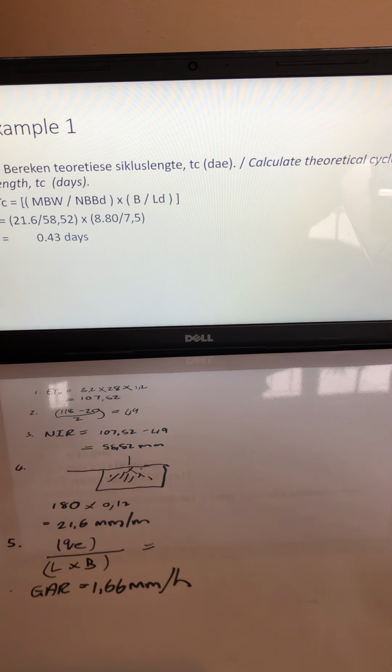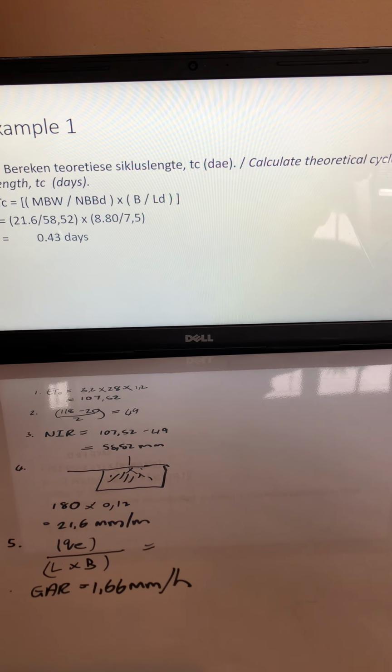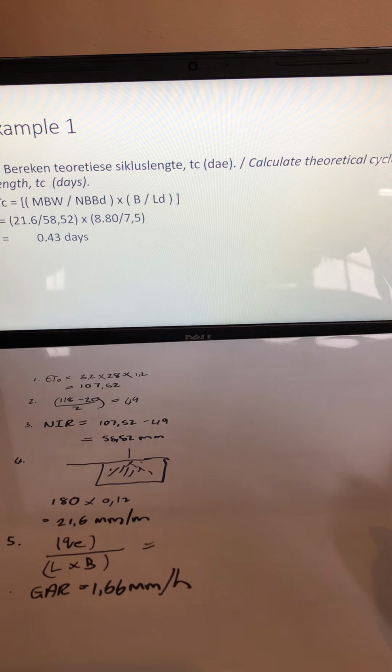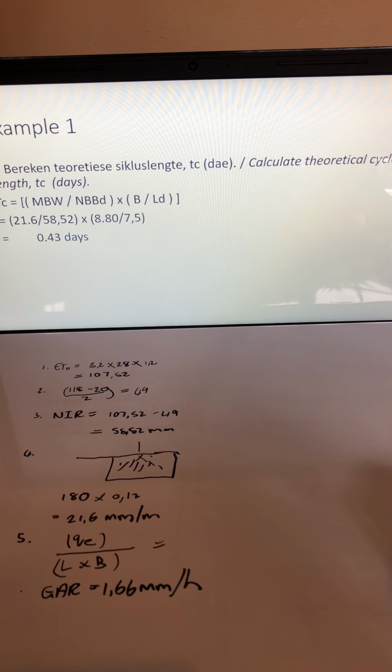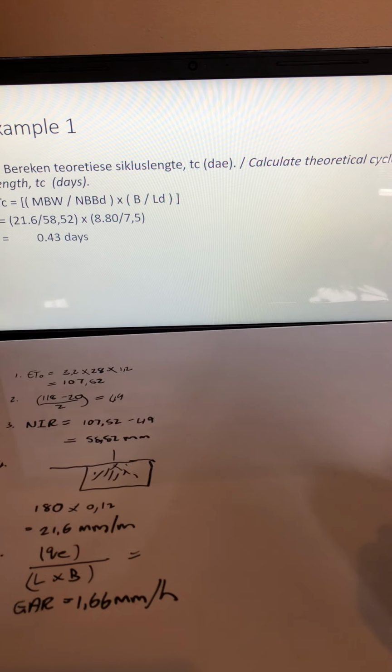Maybe more simply put, if I have a cycle length of 2 days, and I irrigate on a Monday, that means the next day that I irrigate will be the Wednesday. So the cycle length is how long you wait before you irrigate again.